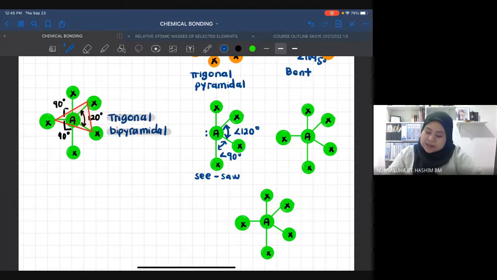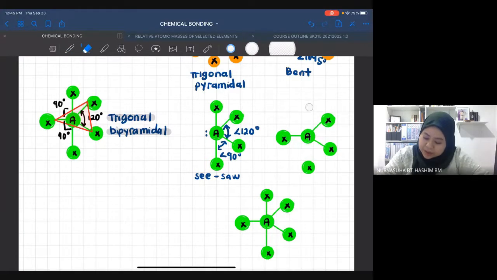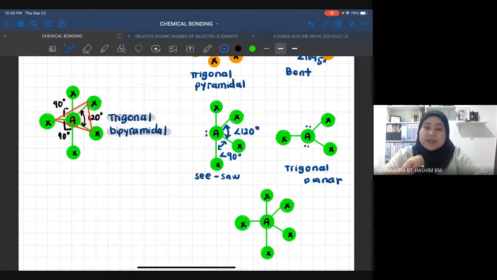Okay, next, what if we have two lone pairs? So kalau dua lone pair, kita akan padam yang atas dengan yang bawah. So sekarang shape dia adalah Trigonal Planar. Sebelum tu kita letak dulu dua lone pair on the central atom.